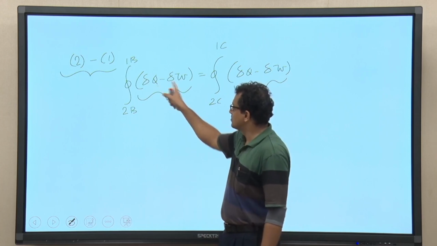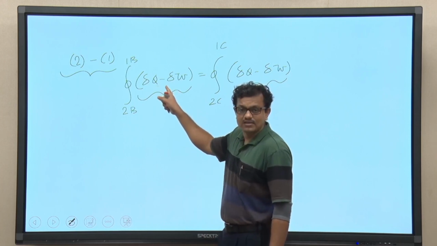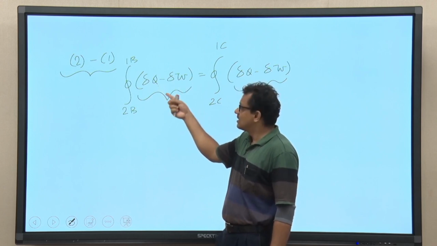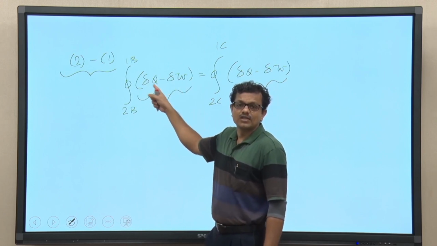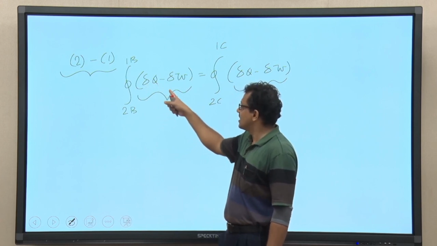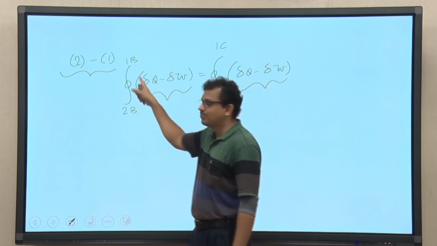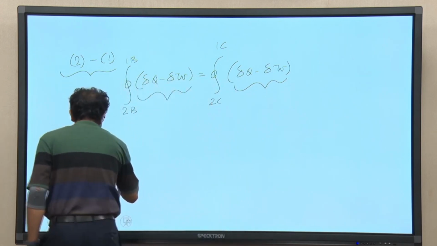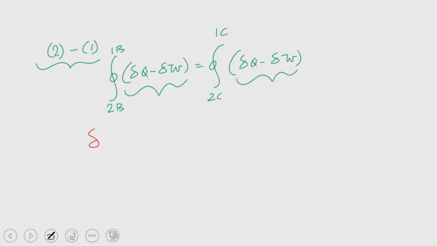So, though these two quantities are path functions individually, the difference of these two quantities does not depend on the path, because you can understand that delta Q minus delta W following path A, following path B, is equal to following path C. So, delta Q minus delta W is not a path function.